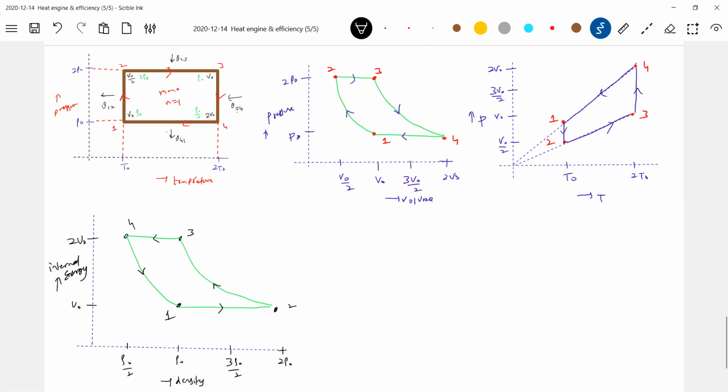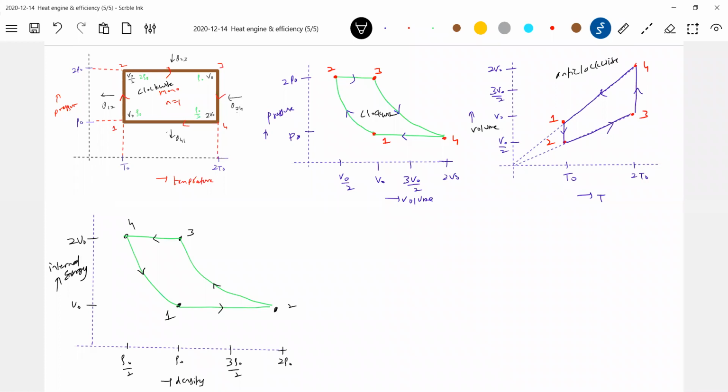What is this process? Clockwise, no? PV graph, clockwise. In the VT graph, anti-clockwise.